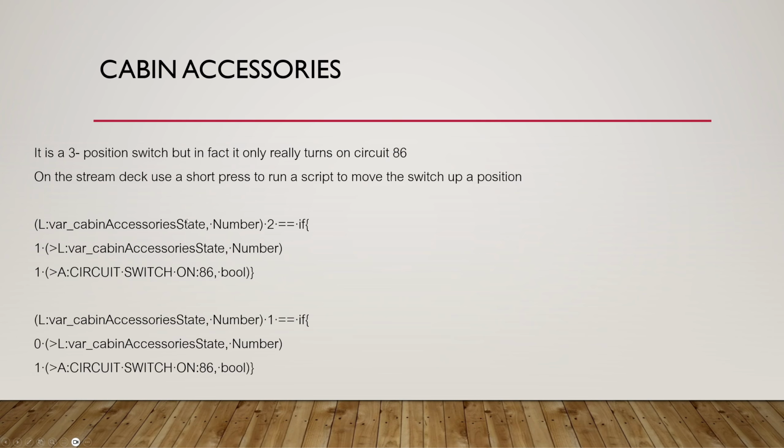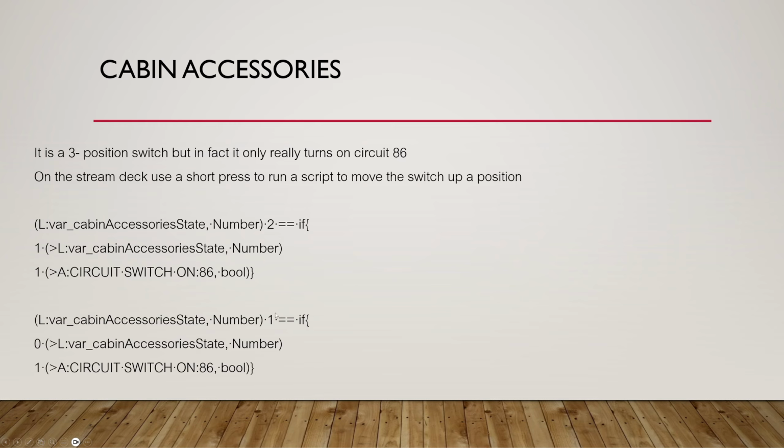And I'll show you those scripts bigger on here. So this is going up, the ordinary press. It's going to look at this variable here, the cabin accessories, and if it's in position 2, which is the down position, weirdly enough, the off position, move it to position 1 and turn on circuit 86.